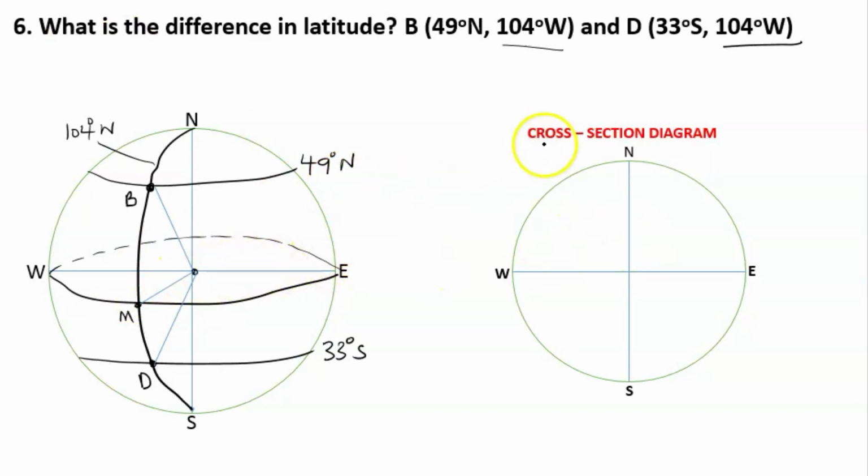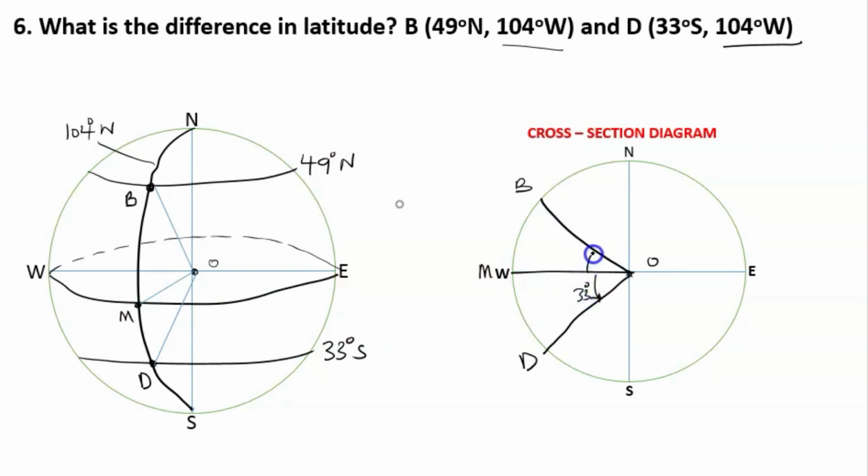If you want to look at the cross section, just like what we normally do, this is the center. Maybe we label this center O. Of course, this place will be O also. Then from O, usually this is my straight line. If I decide to use this as my M, then above my M, I can see my B, and below my M, I can see my D. If I'm looking at it like a plan view, from here to D, the angle there is 33.